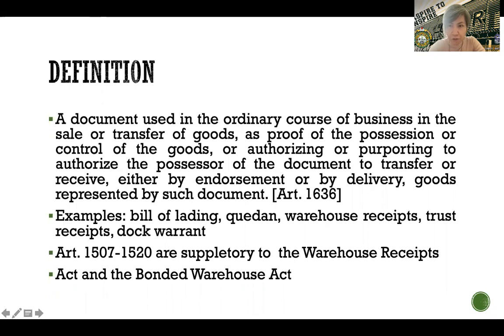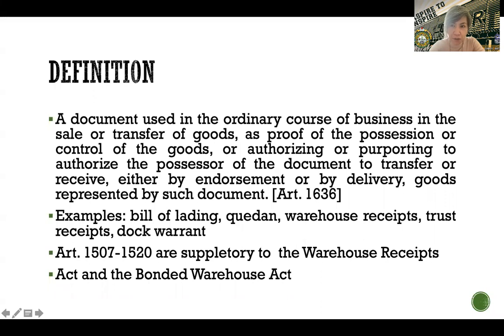And it is proof of the possession or control of the goods, or it authorizes or purports to authorize the possessor of this document to transfer or receive, either by endorsement or by delivery, the goods represented by such document.